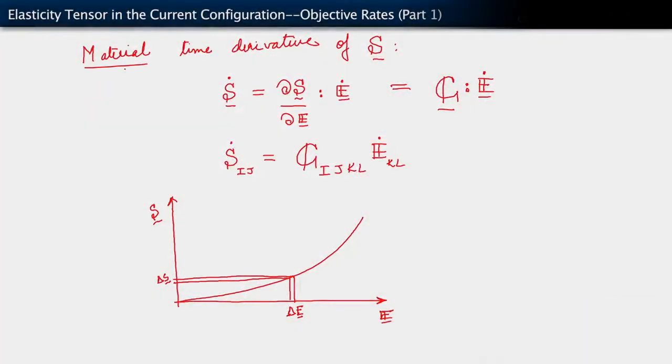Now, something I should point out is that the use of the qualifier material there refers not just to the fact that we're talking of some material, but also to the fact that S and E both live on the reference configuration.